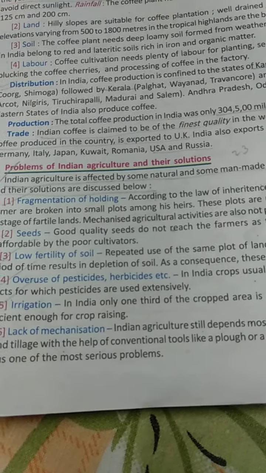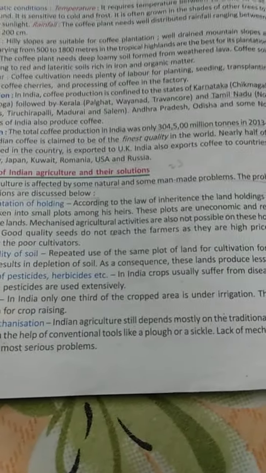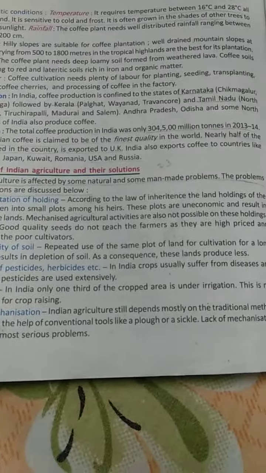Fragmentation of holdings. According to the law of inheritance, the lands have been divided among the family members. Now, if a farmer's family has a small plot, it will be divided into small fragments for his heirs.